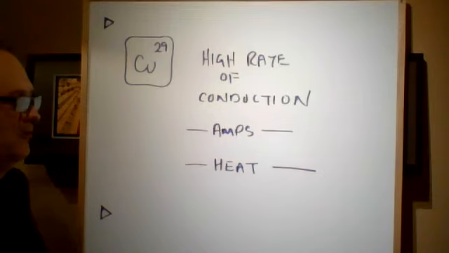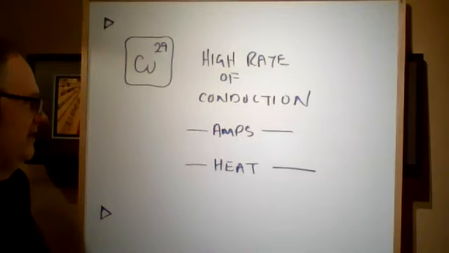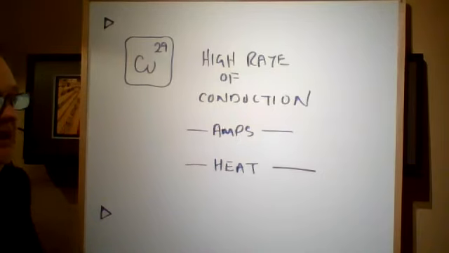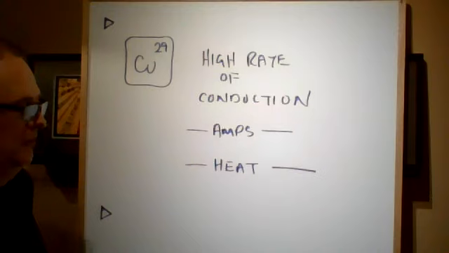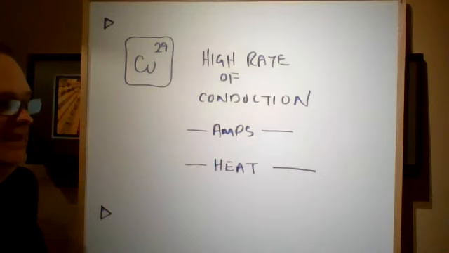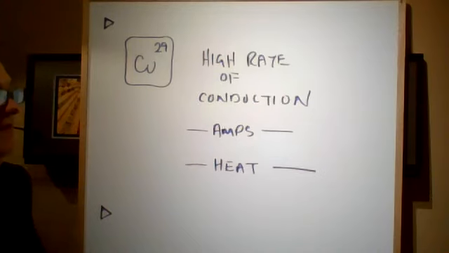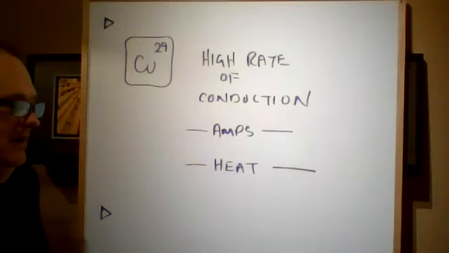If copper did not have a high rate of heat conduction, the conductors would become extremely hot just from the normal current running through them, and that heat would dissipate very slowly.